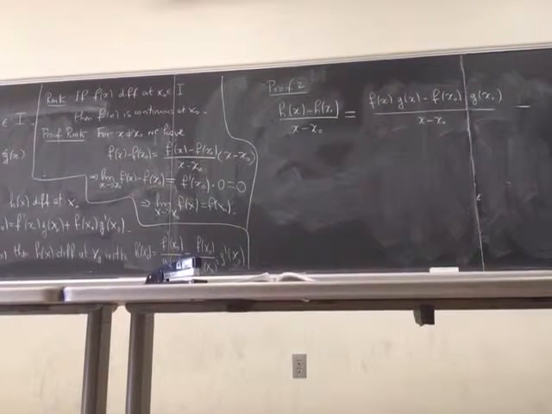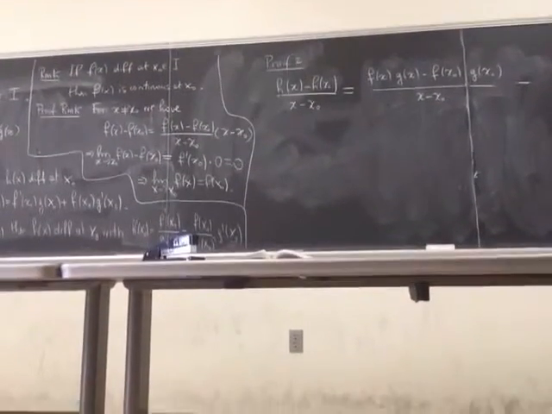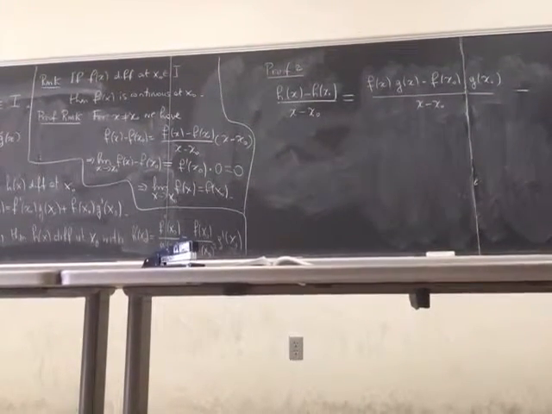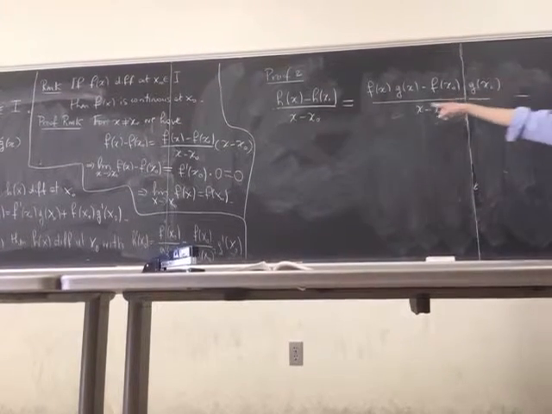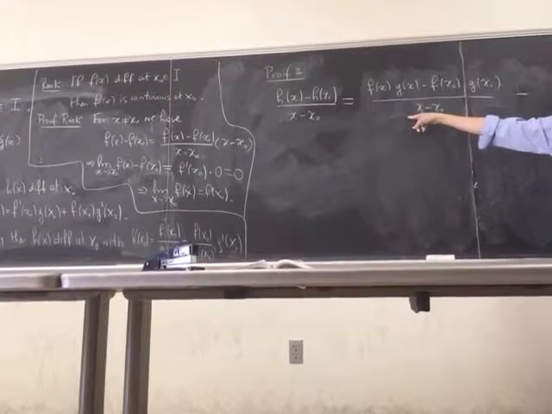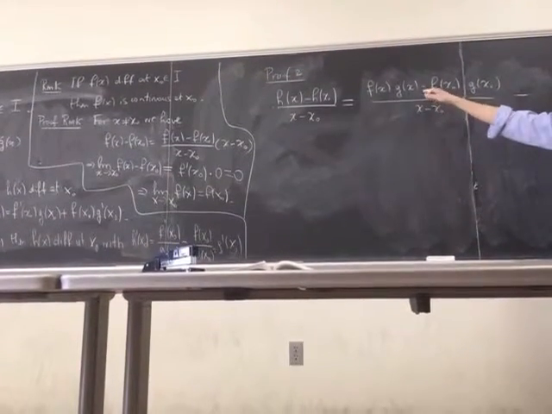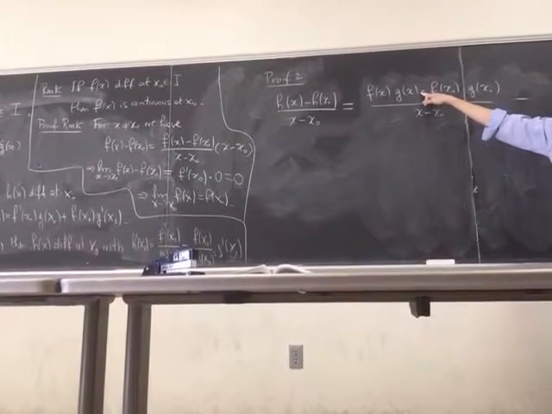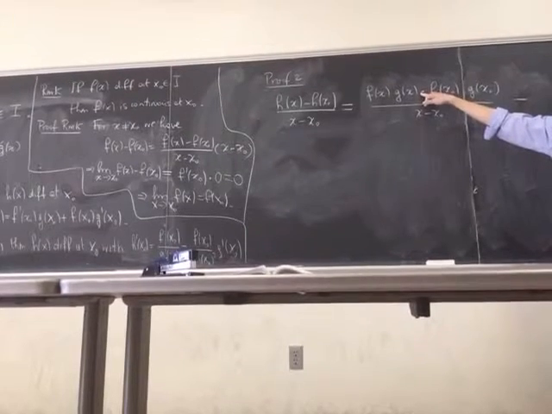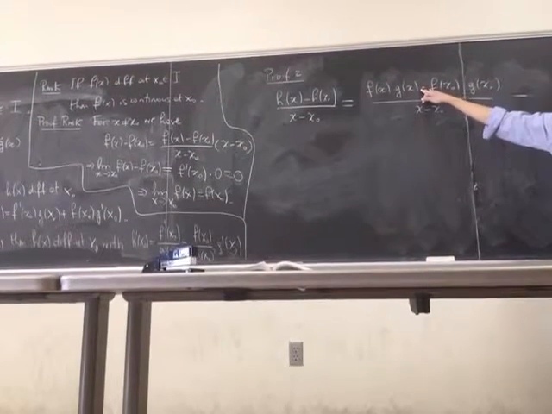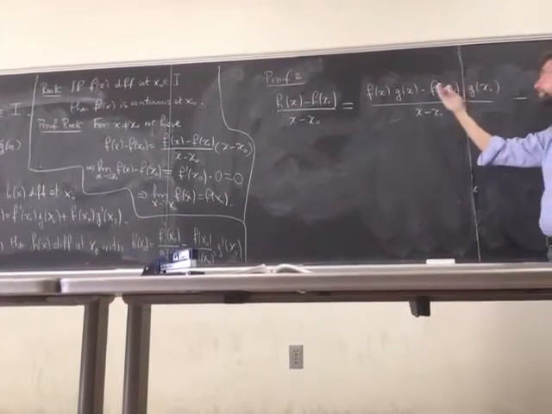Since my information is that f and g are differentiable, I want the incremental ratios of f and g to pop up in this formula. And in order to do that, I have to add and subtract f of x naught times g of x. Or I could do f of x times g of x naught. Both choices are good, but let's choose one.